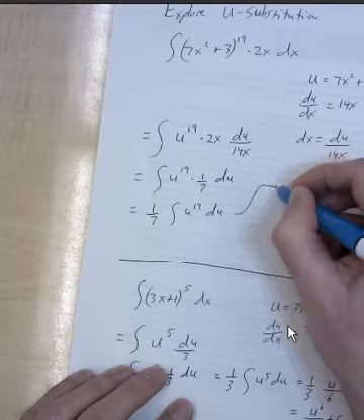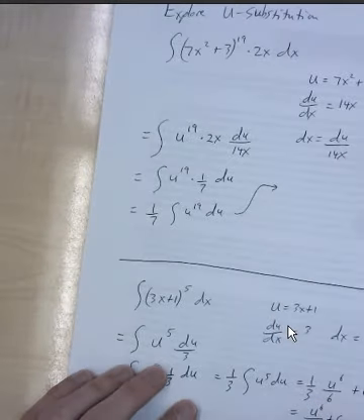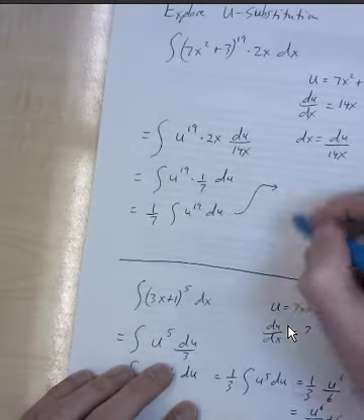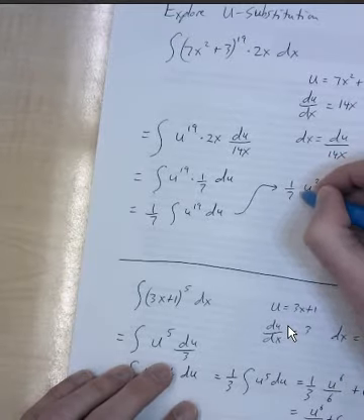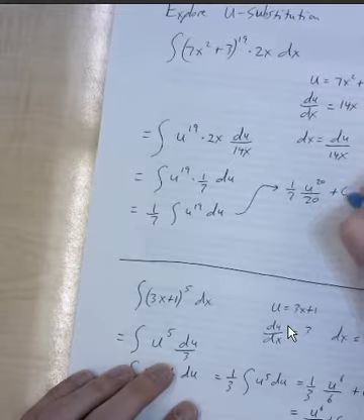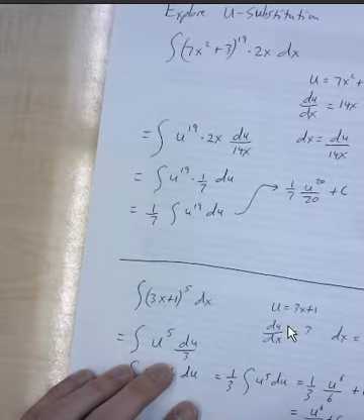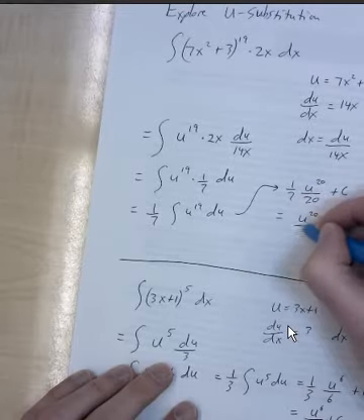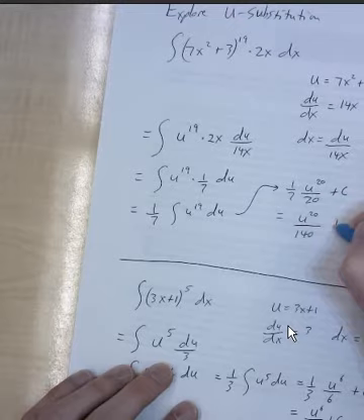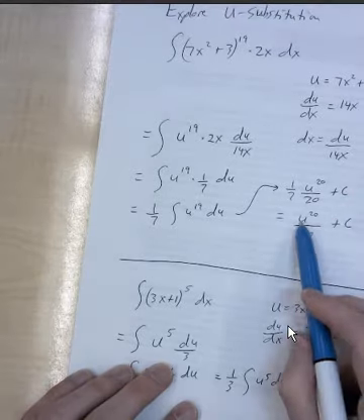Equals 1/7 times u to the 20th over 20 plus c, which equals u to the 20th over 140 plus c. But u, from all the way back here, is 7x squared plus 3.